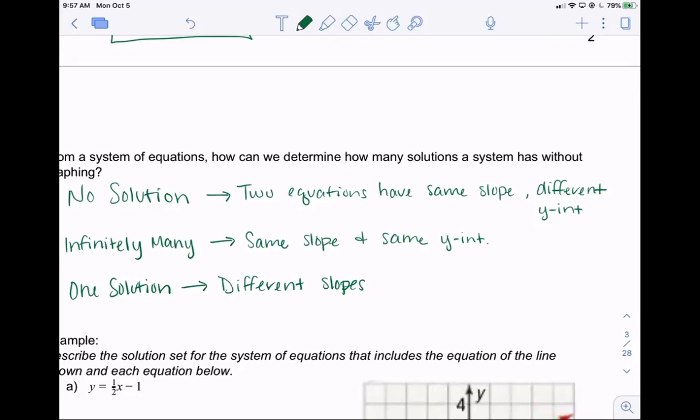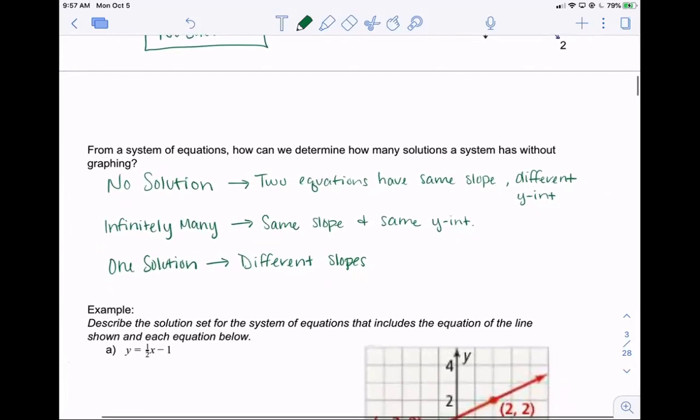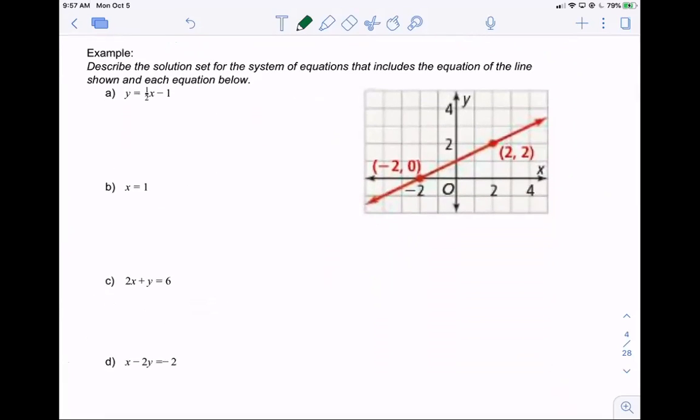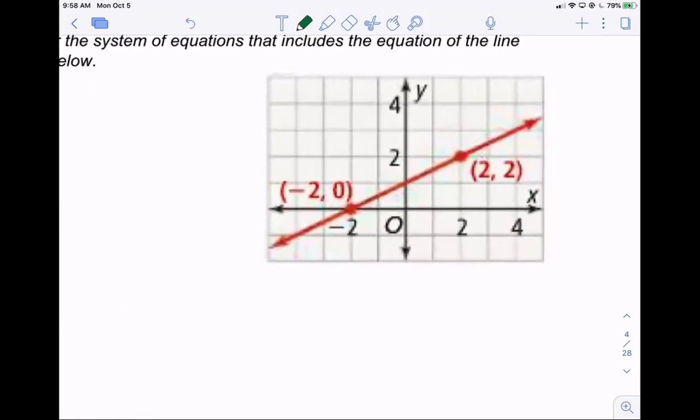Okay. So we're going to look at this example, and this is similar to one you're going to see in your homework today. Describe the solution set for the system of equations that includes the equation of the line shown and each equation below. So let's start off with figuring out what we know about the graph. What can you tell me about this graph?